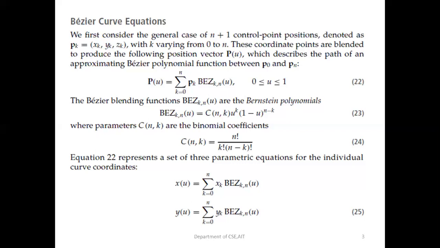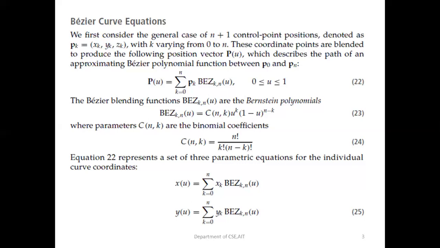If you partition equation 22, you get two parametric equations. In the theory it is taken for z also, but here I have taken only x and y, which is why there will be only two parametric equations. Where x of u can be given as summation of x of k BEZ of k comma n, and y of u can be given as summation of k equal to 0 to n, y of k BEZ of k comma n.